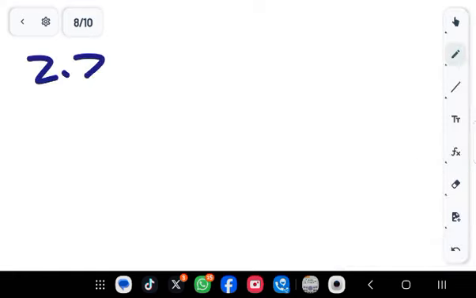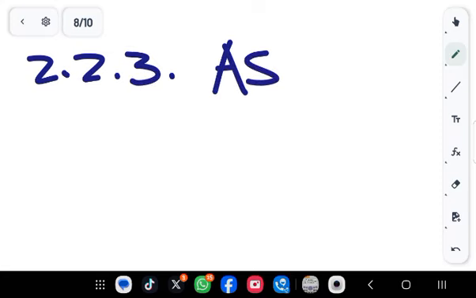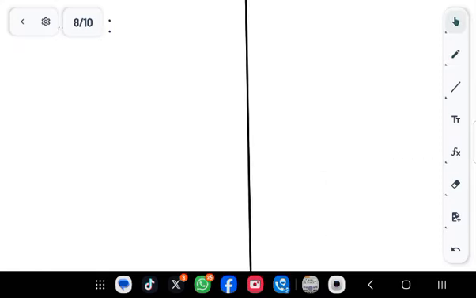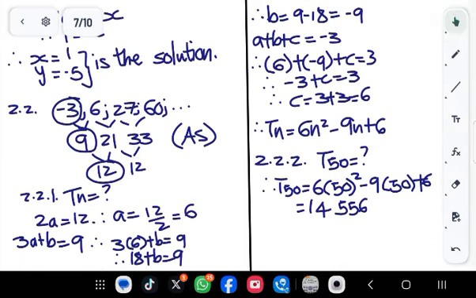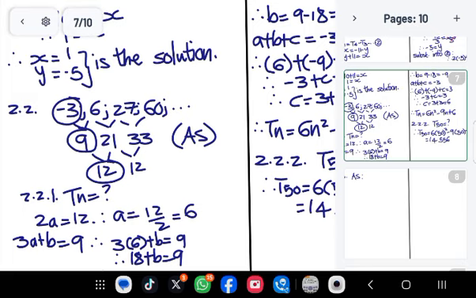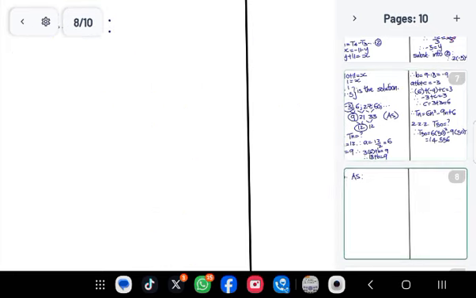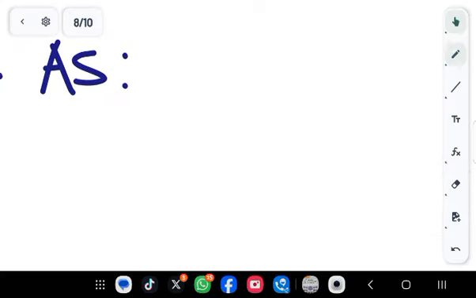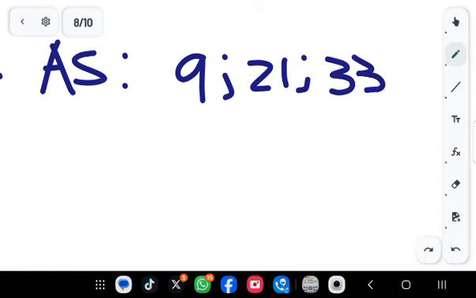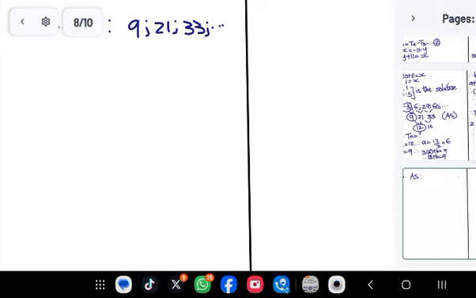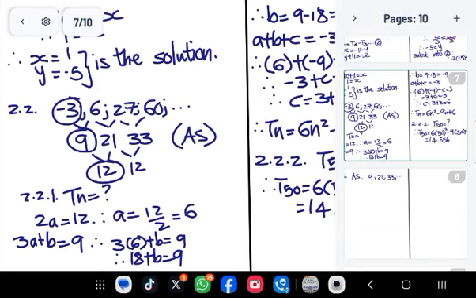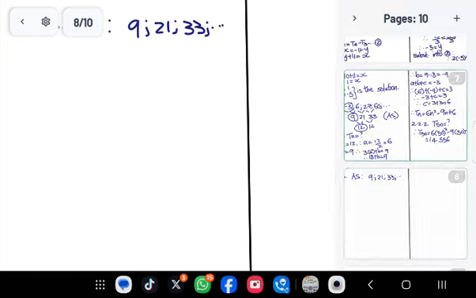So the sum of the first n terms, that is 2.2.3. We've got the arithmetic sequence level, and the pattern for that is 9, 21, 33, with a constant difference of 12.